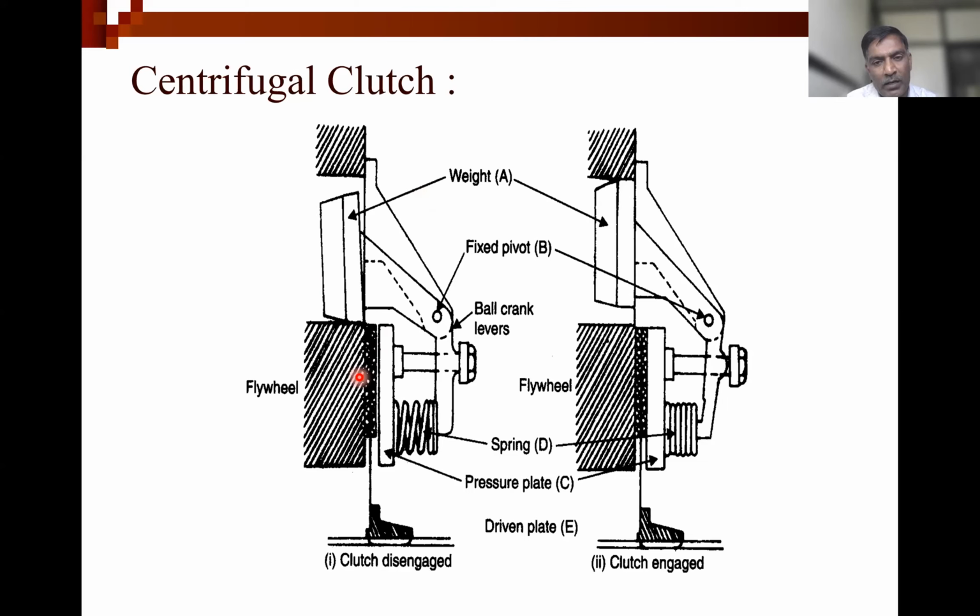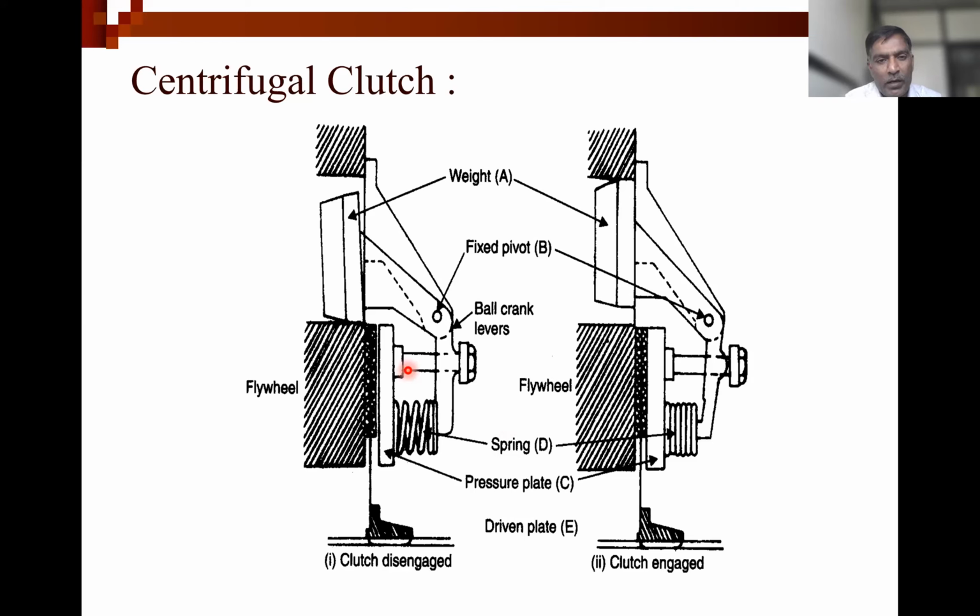On the right side, there is a brake lever and accelerator. So there is no clutch lever for the scooty. Sachin, am I correct? Hello, Sachin, am I audible? Yes sir.